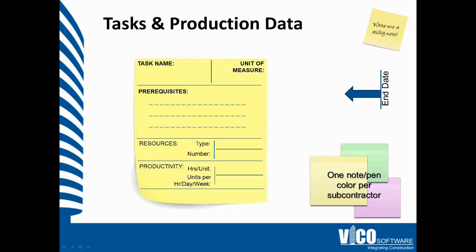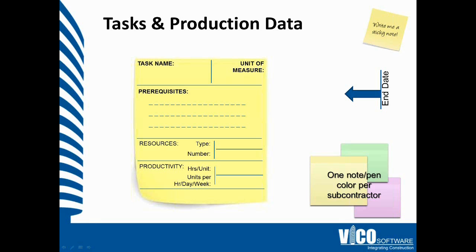This is an example of a Vico sticky. Some of you may have your own company sticky notes. Some of you may use just the standards. Ours are a little bit different in that we're not only asking for your task name and prerequisites, but we're also gathering production data as well. So how is this activity going to be measured? What's the expected number of resources and who?